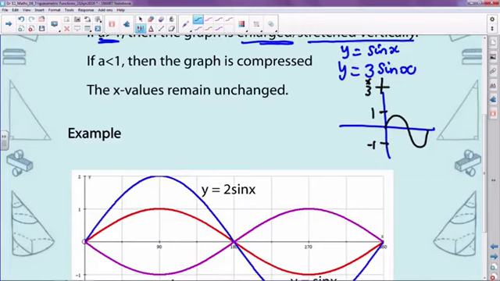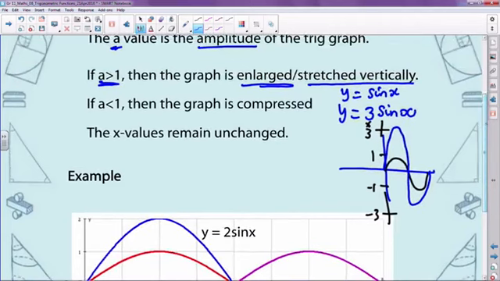Let's say 3 is there, and then down there is minus 3. I still have the same graph, but the only difference is that this graph has been enlarged, okay?